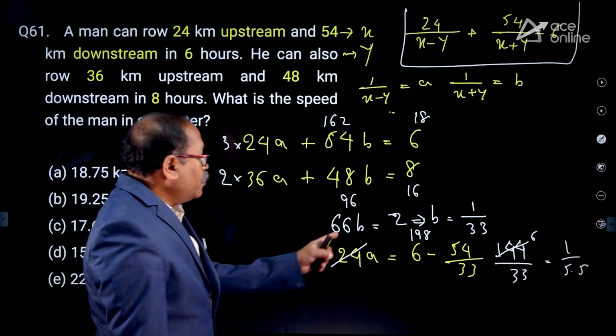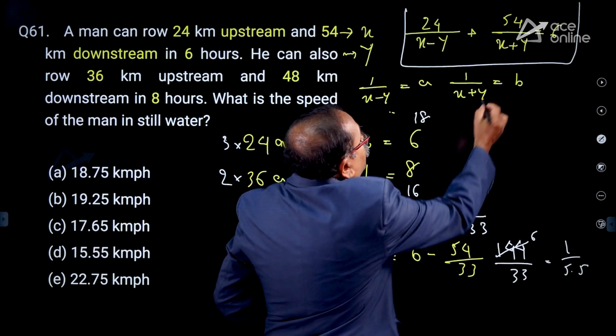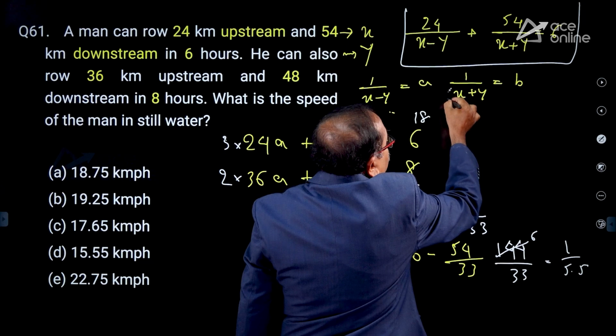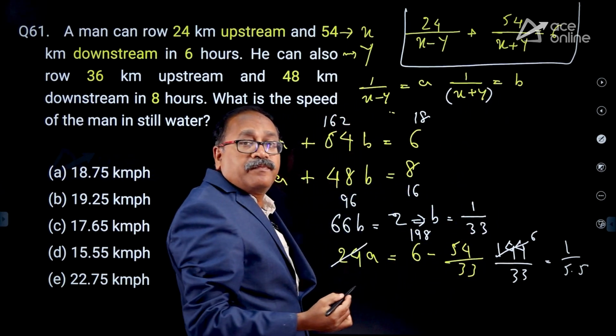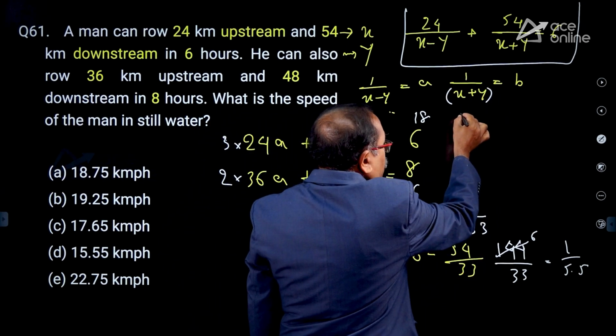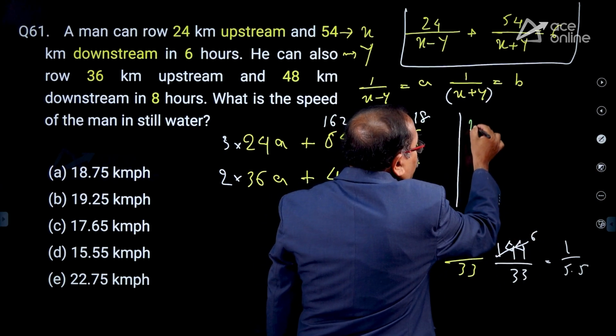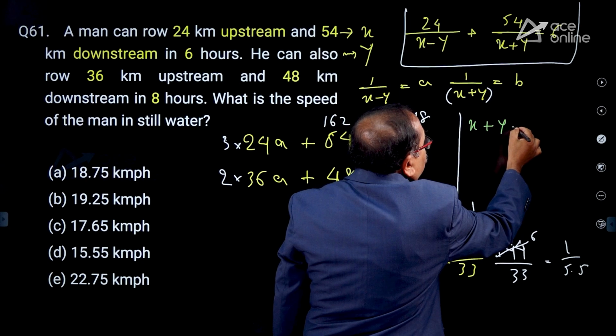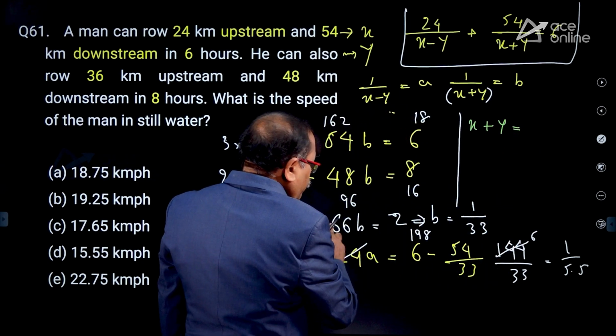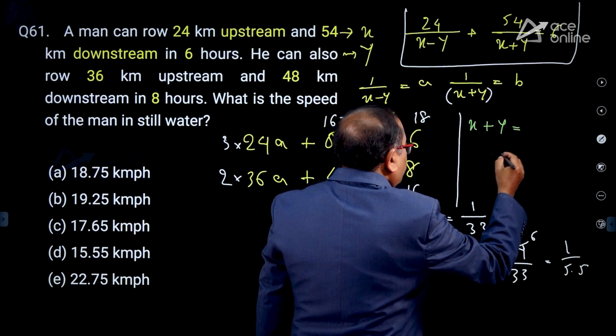Over. So now B, we know what is B is x plus y. So let's write down over here, and you find that x plus y is equal to 33.